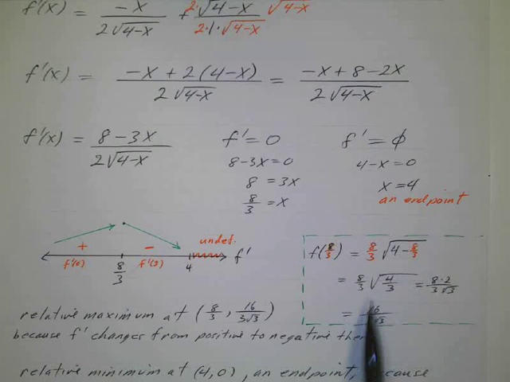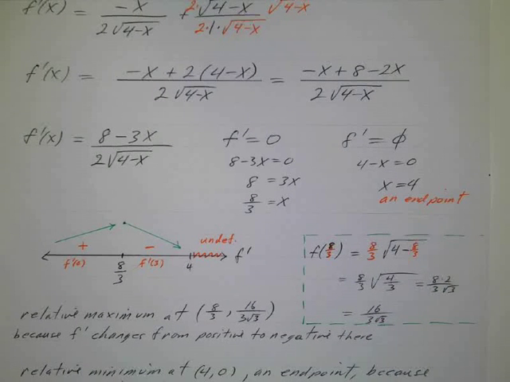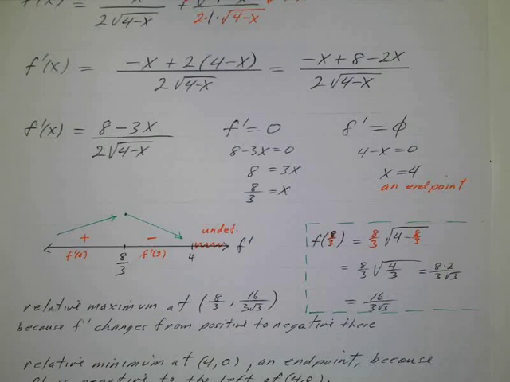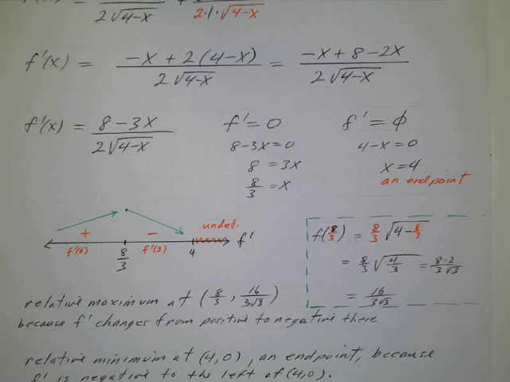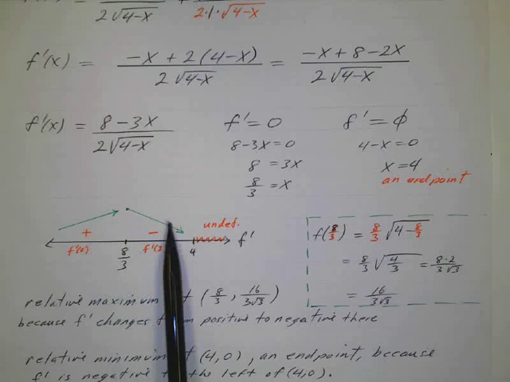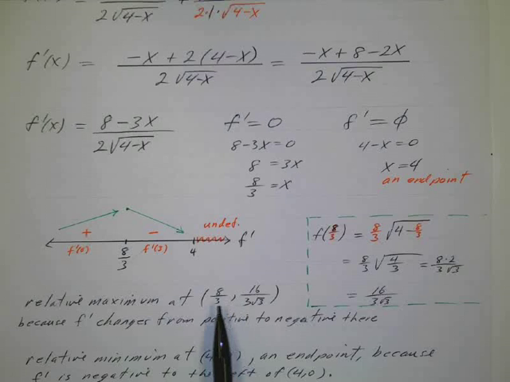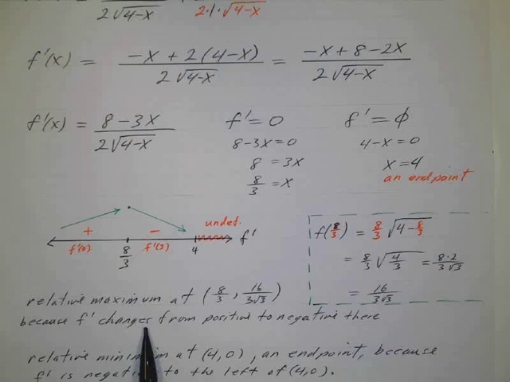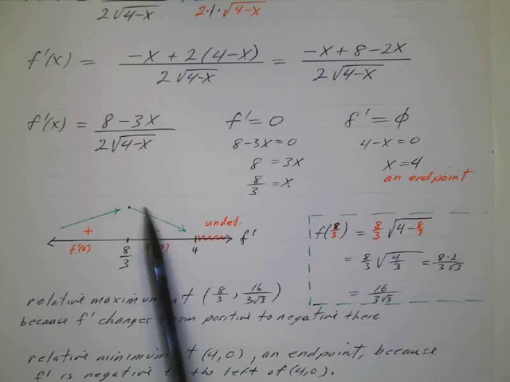So I've got 8 times 2 is 16 over 3 square roots of 3. So take a look at that arithmetic. Hopefully that makes sense to you all. So that's the y-coordinate of my relative maximum. This is a relative maximum because you can see it's going from positive to negative. So there's a relative maximum at 8/3, 16 over 3 square roots of 3, because f prime changes from positive to negative there.